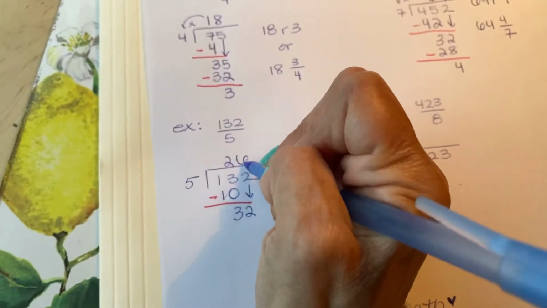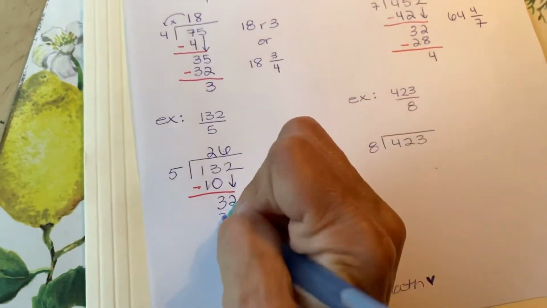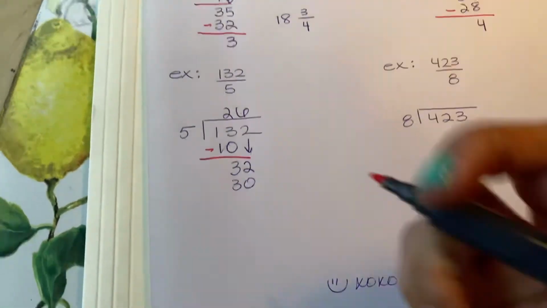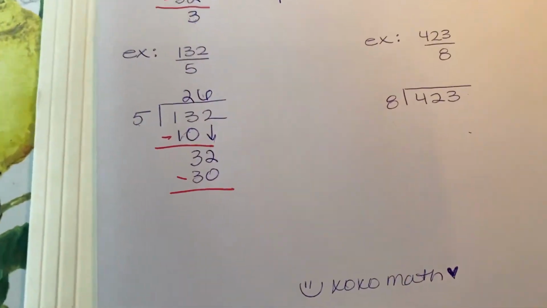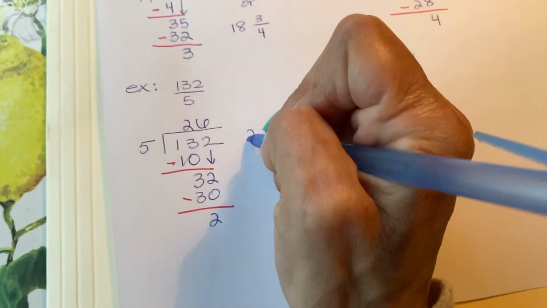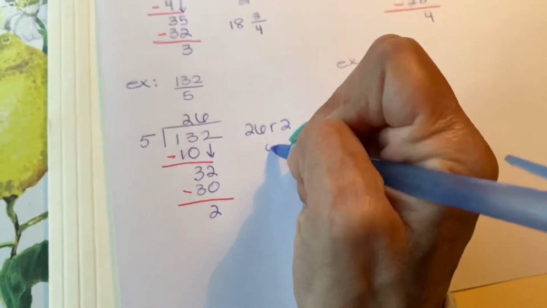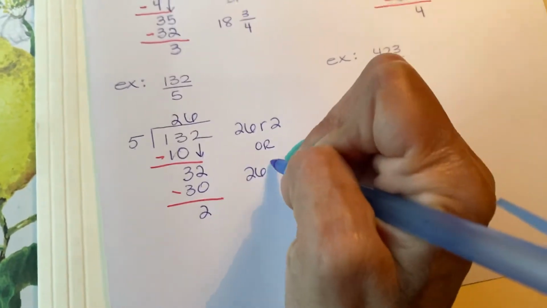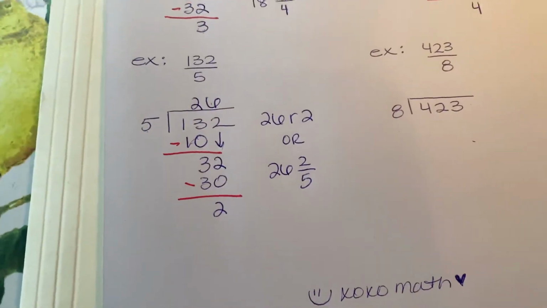So 6 times 5 is 30. Subtract downward. Sorry, my subtractions are crooked. And I get 2. That is your remainder. So your answer is 26 remainder 2 or 26 and 2/5.